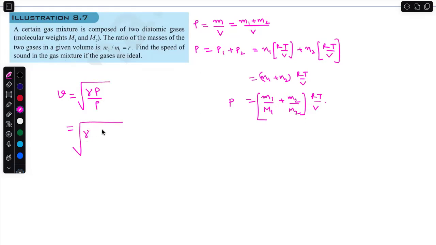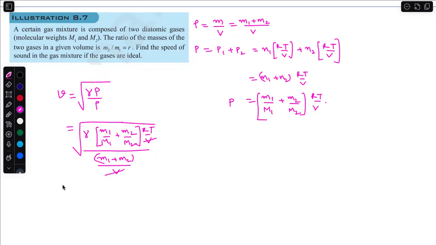So gamma P is gamma times (m1 by M1 plus m2 by M2) RT by V, divided by rho. What is rho? It is (m1 plus m2) by V.